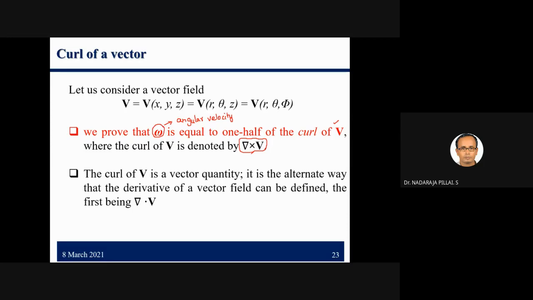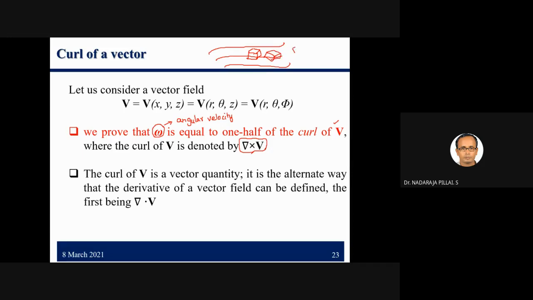Say, for example, if you consider the fluid element moving in a fluid flow, say this is the fluid element. In the divergence, we have discussed that this volume may change. The rate of change of volume we have discussed. Here, let us say the fluid element, now the fluid element will be like this.